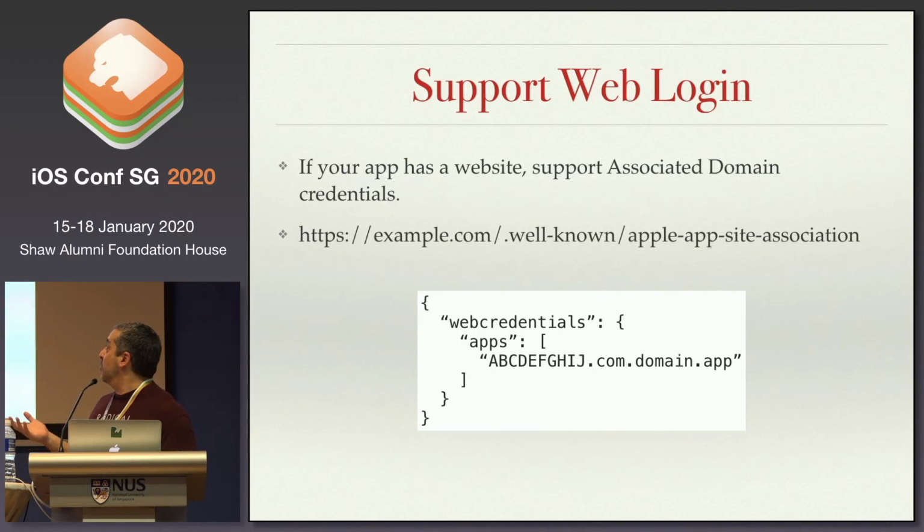So Apple's done this as well. If you create the apple-app-site-association file, and you can't use an extension, so don't call it .json, this is where you can tell it for this website, what apps do you have that share credentials? And all you're doing here is putting your bundle identifier, basically, your team ID and your reverse style domain.